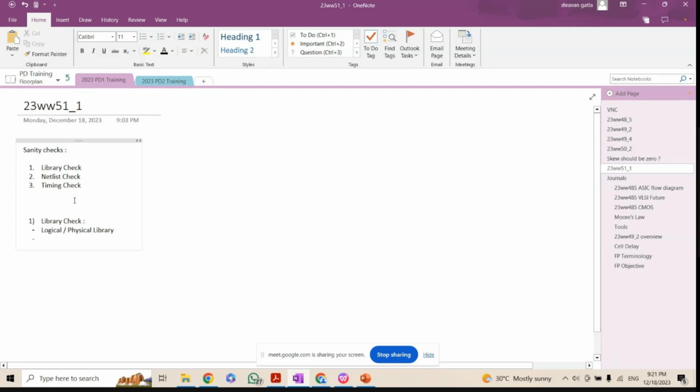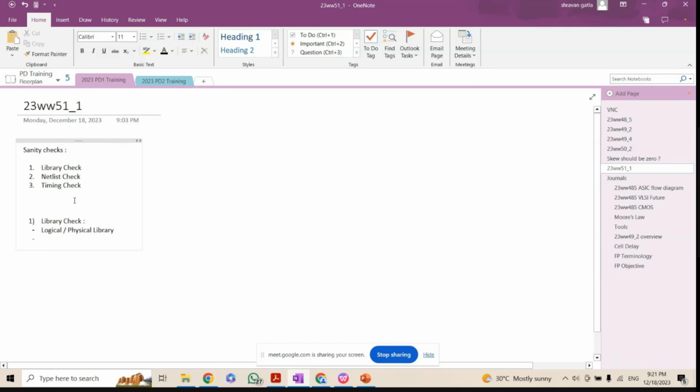Here, we are students and we want to learn, so they just give us the final routed design, and in that you need to check all this. Mostly in our design everything will be clean, but we will see in the coming classes whether we have these issues or not.